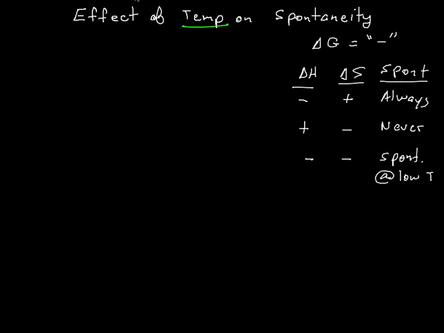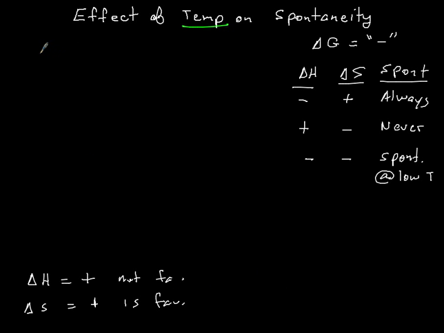All right, so let's look at the other situation. Let's say we have a situation where the enthalpy is positive, which is not favorable, and the entropy is also positive, which is favorable. What happens? So again, let's evaluate this.